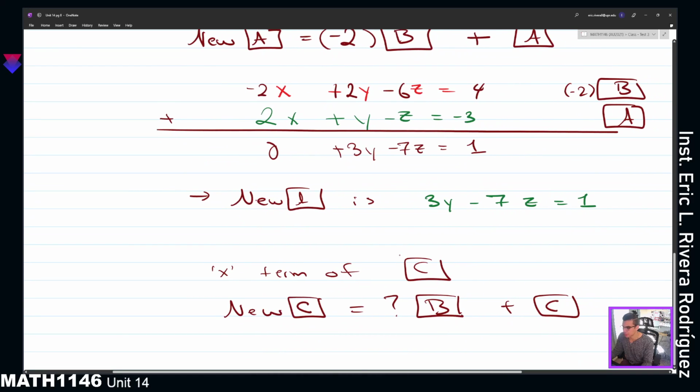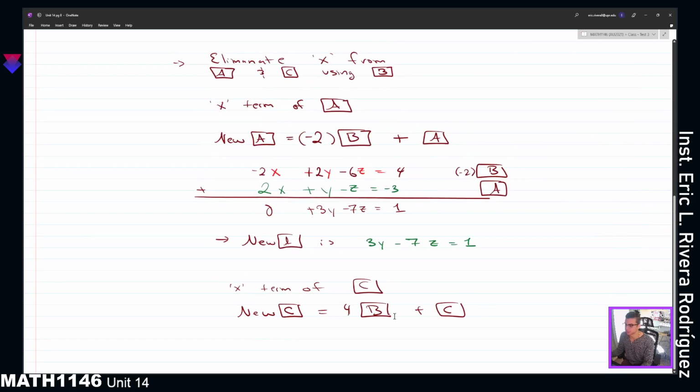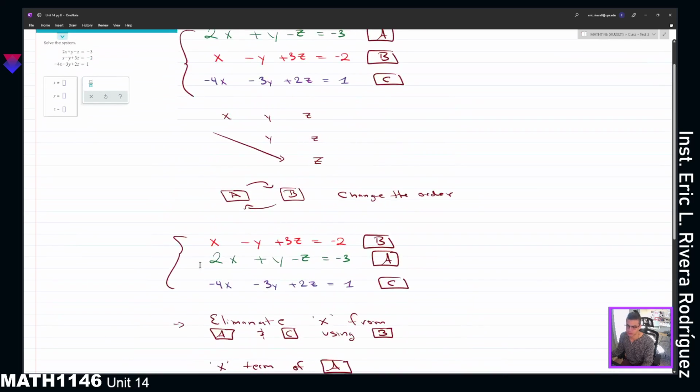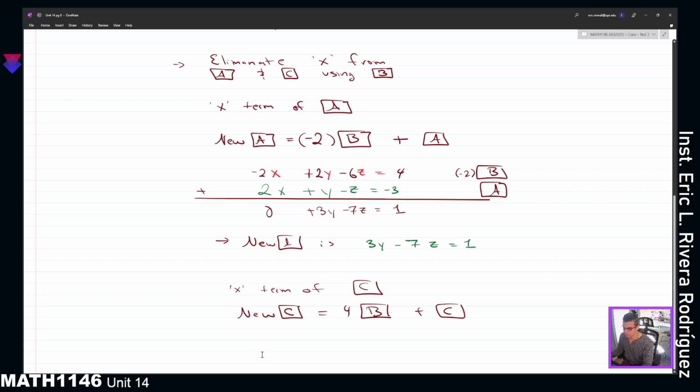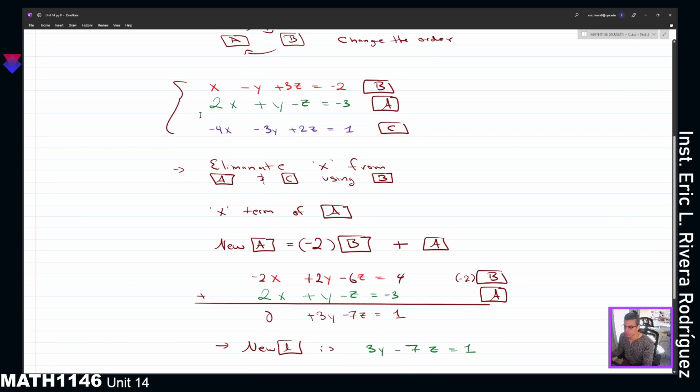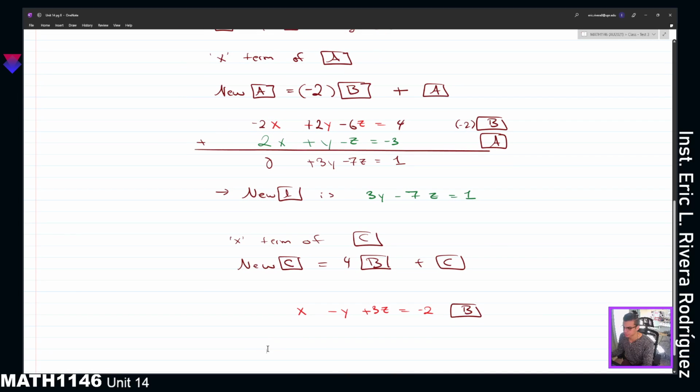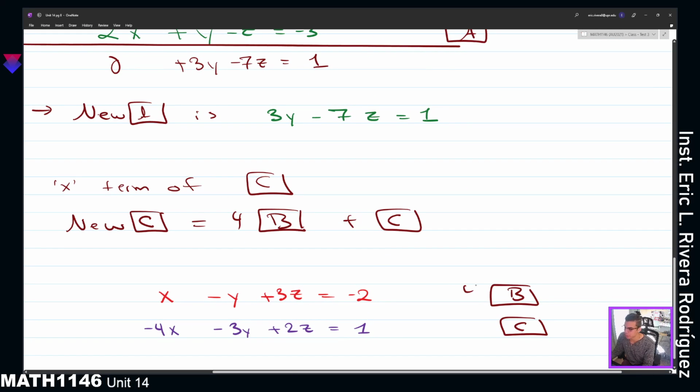So it will be B times 4, or 4 times B. So let me grab this, and let me grab this. See how things are getting complicated, because we need to do a lot of steps, a lot of numbers, a lot of multiplication, modifications with the system.